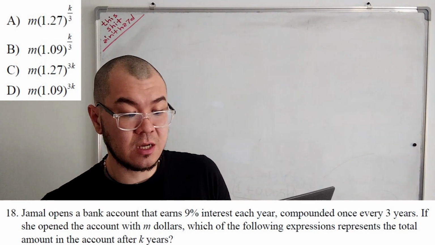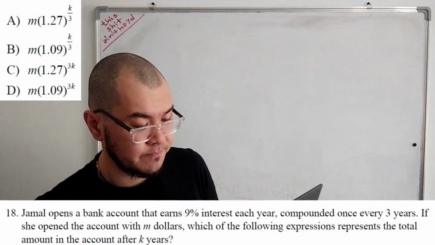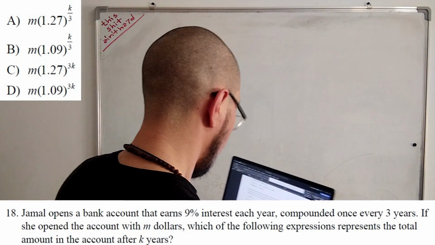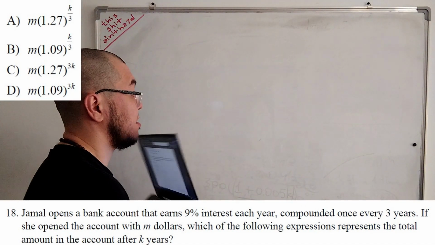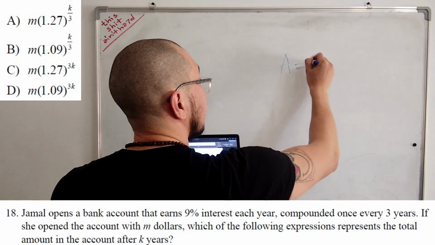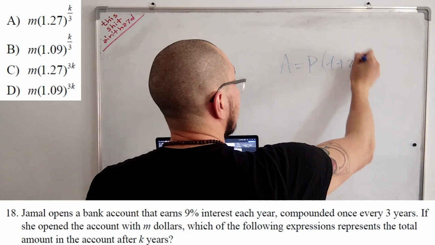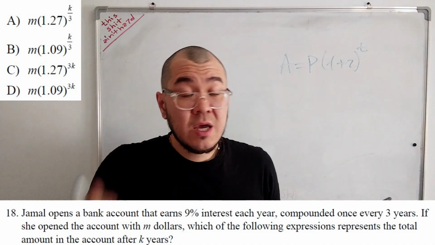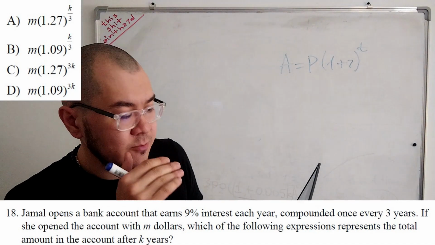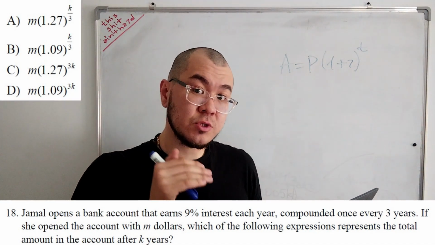The interest is compounded. So we have something like this. We have to find out how many times the interest will compound.